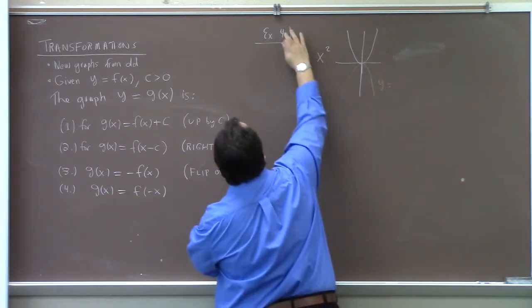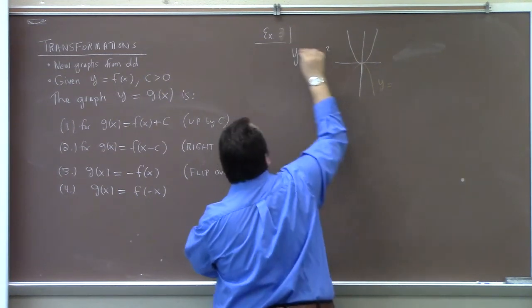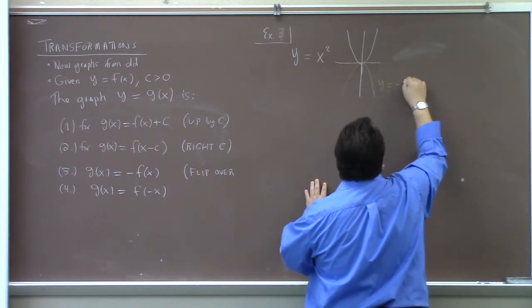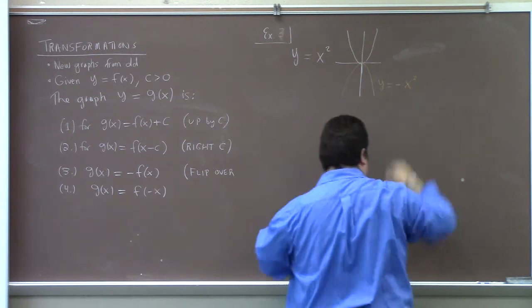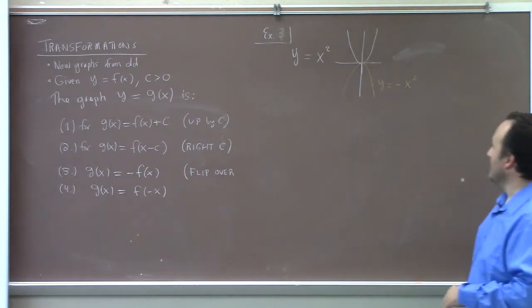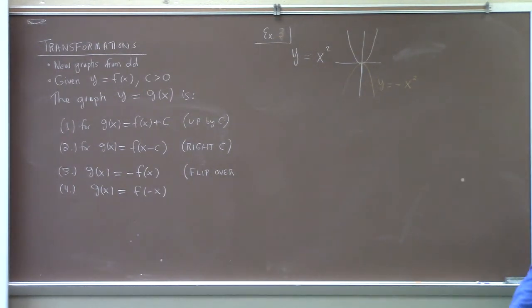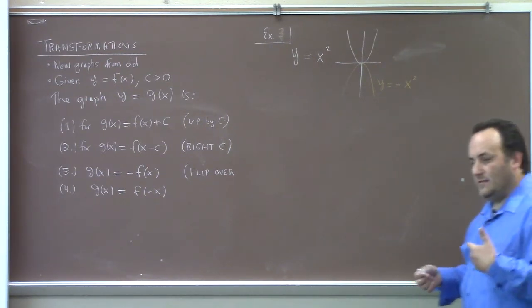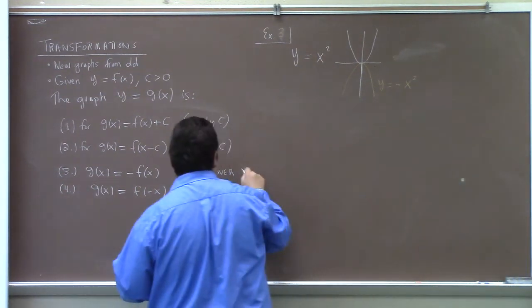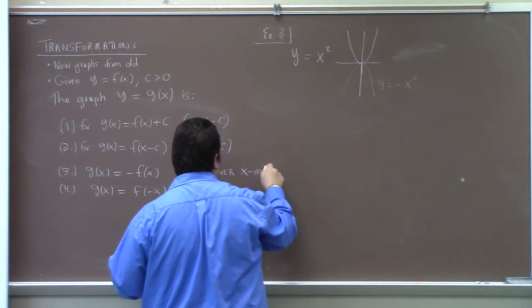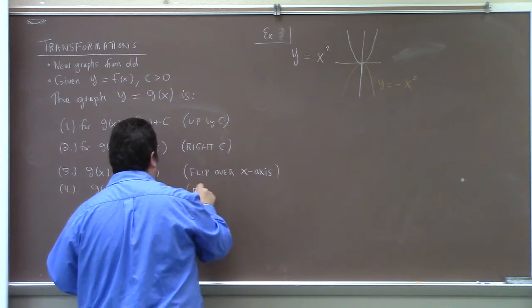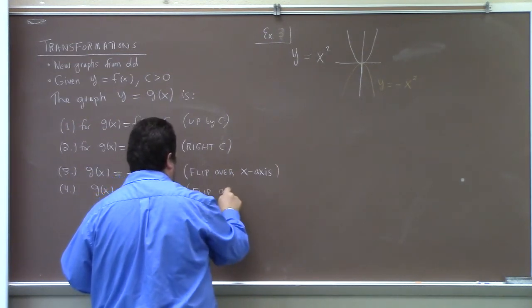Is that right? Thank you. I can't count, you know. So yeah, y equals minus x squared is upside down. You could also say you flip over the what? X-axis, right. So what do you think the next one is? Right, flip over the y-axis.